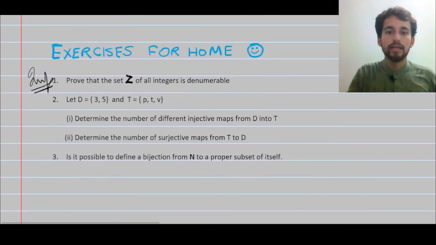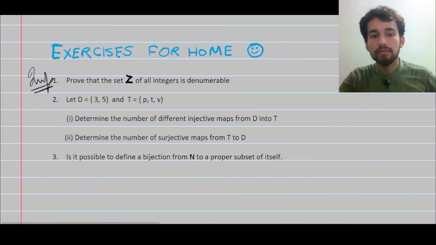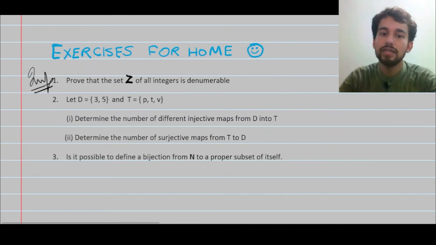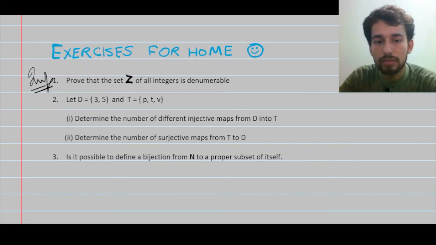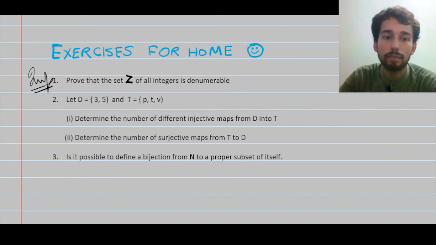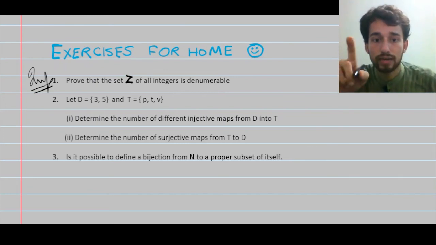The second exercise is very elementary, but you should do that. It says that if I have a set D which consists of two elements, 3 and 5, and I also have a set T which consists of three elements, small p, t, and small v. Then the first question you are asked is to determine the number of injective maps from the set D to the set T. Injective means one-to-one functions.